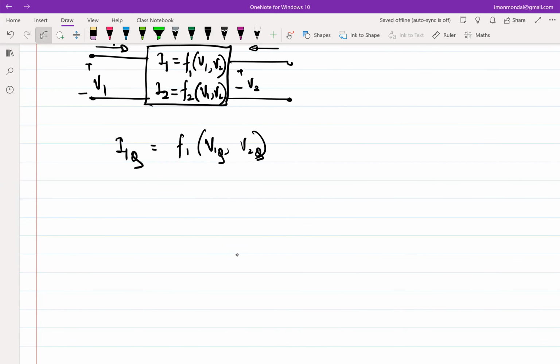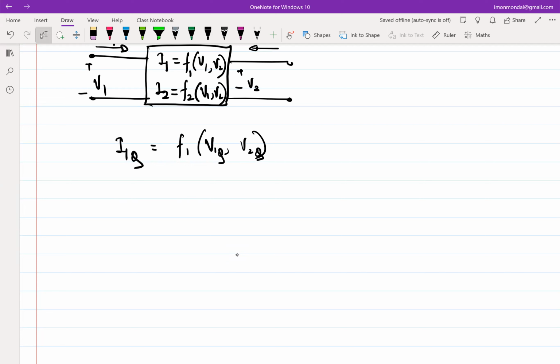So now we further assume that we have some excitation somewhere in the network, and that excitation created a change in voltages across the two ports. Mind you, again, I am considering a two-port. It need not be a two-port. It can be an N-port network, right? The analysis will extend to multiple ports.